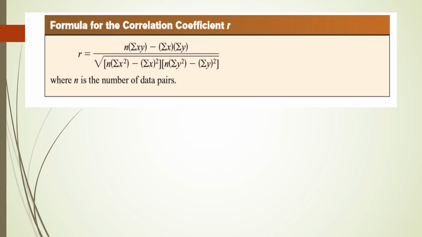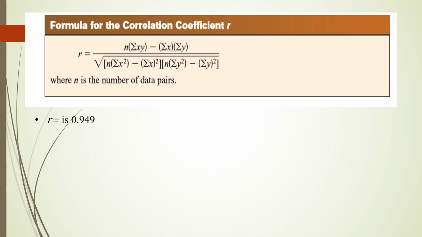Now my dear student, in this slide we have the Pearson correlation coefficient formula to find out the value of our correlation coefficient. So here we will use this formula.